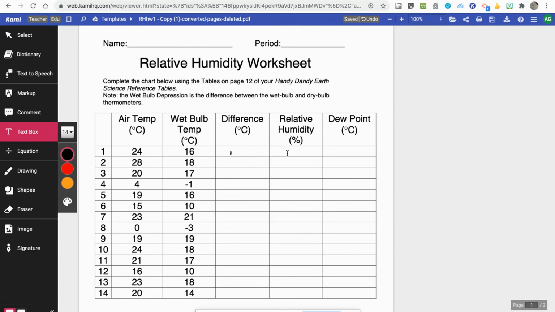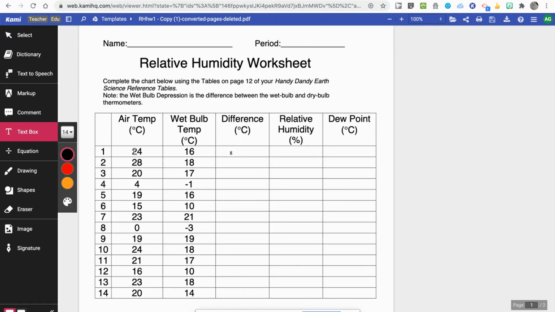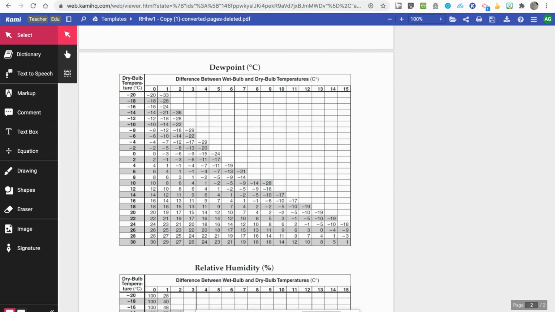And then in order to find my relative humidity, I'm going to go to my chart. So here you can see the difference between the wet and the dry bulb, right? That one was 8. And then my dry bulb temperature was 24. So then on my chart, I'm going to go down to 24. I'm going to scroll over to 8.